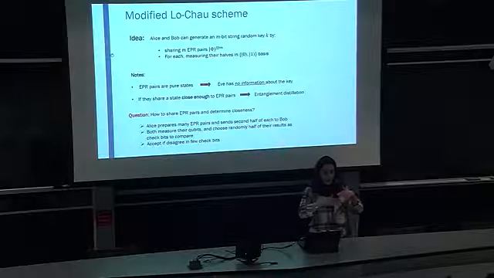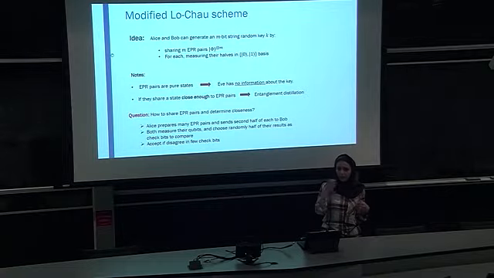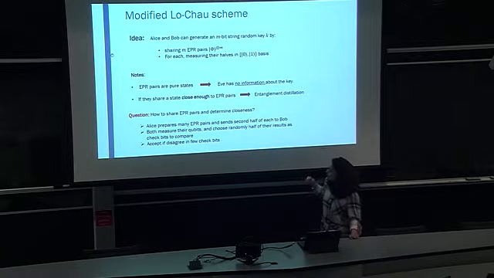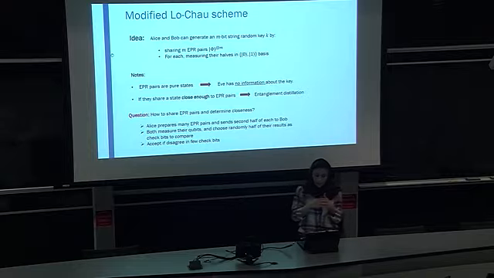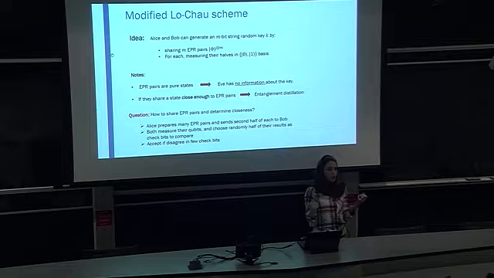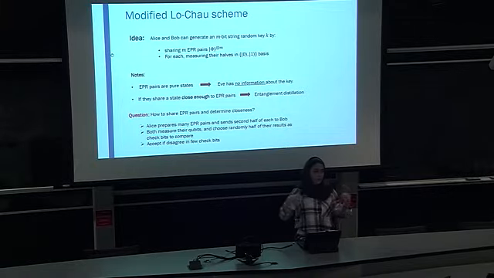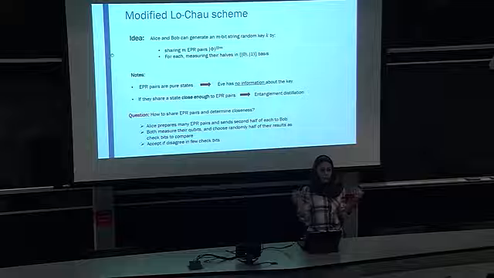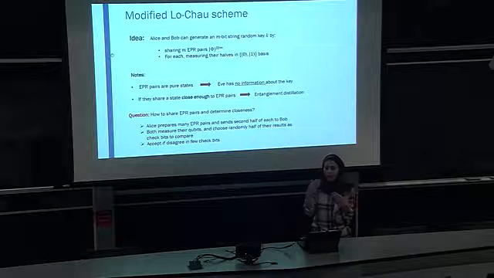But then since Eve has access to the quantum channel, she may get some information, and she may disturb these EPR pairs. In order for Alice and Bob to determine how this state is disturbed, they're going to choose half of these pairs randomly, measure those pairs, compare the results and see how many errors they have.